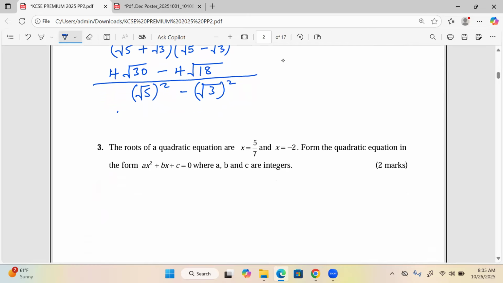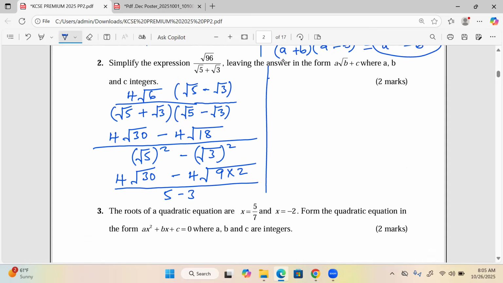So now we talk about from the numerator 4, the root of 30 minus 4, you know the root of 18, there is 9 by 2 now, which can be simplified further, out of 5 minus 3.